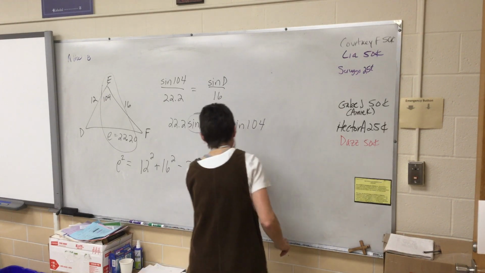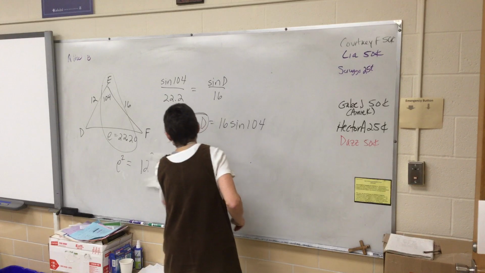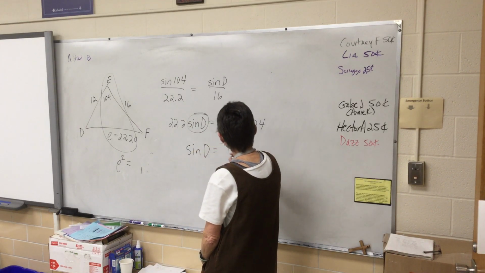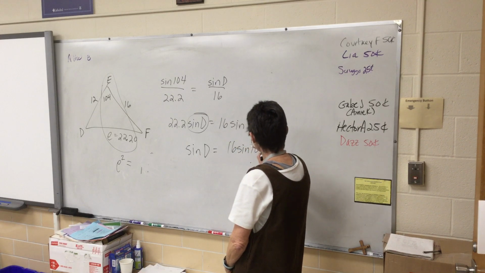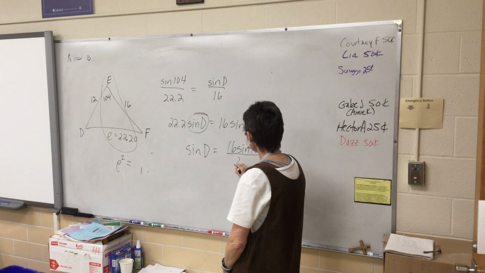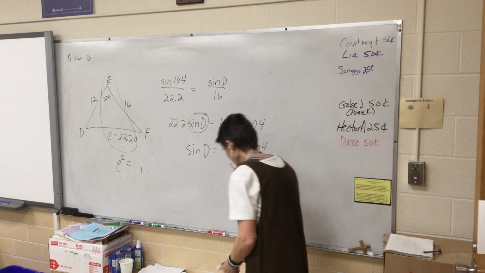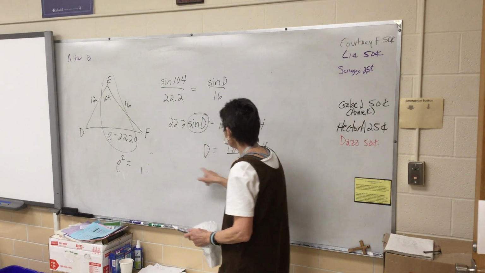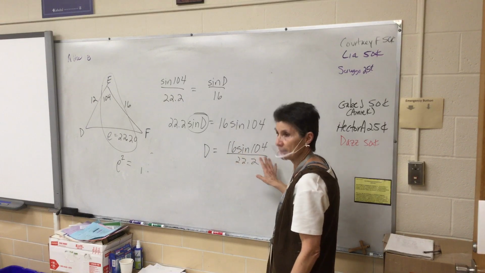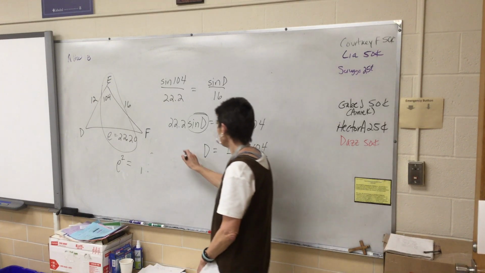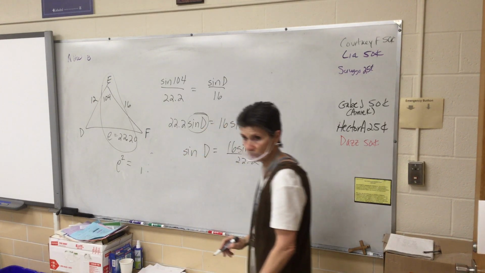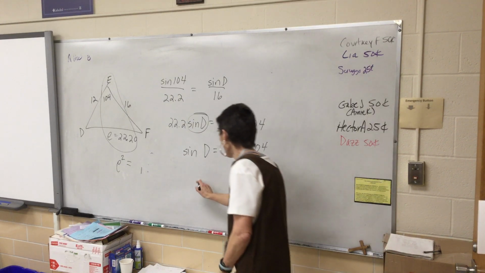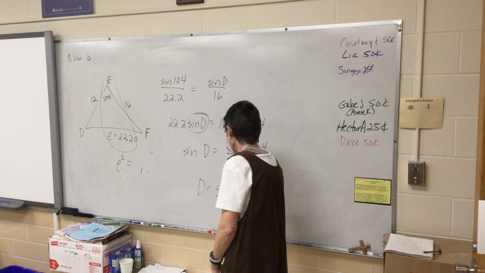So sine D equals 16 sine 104 over 22.2. Now, if it said D equals, then I would type it in. But it doesn't. It says sine D equals. So when it says sine D, I know I have to do second sine.